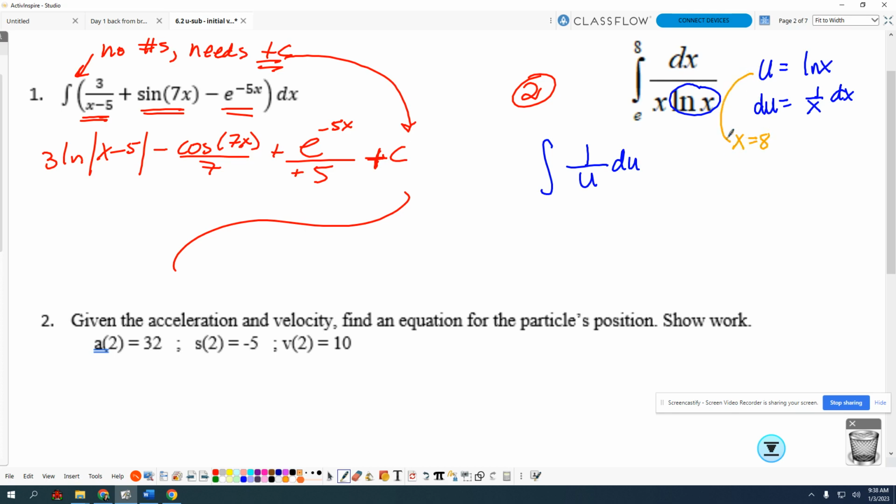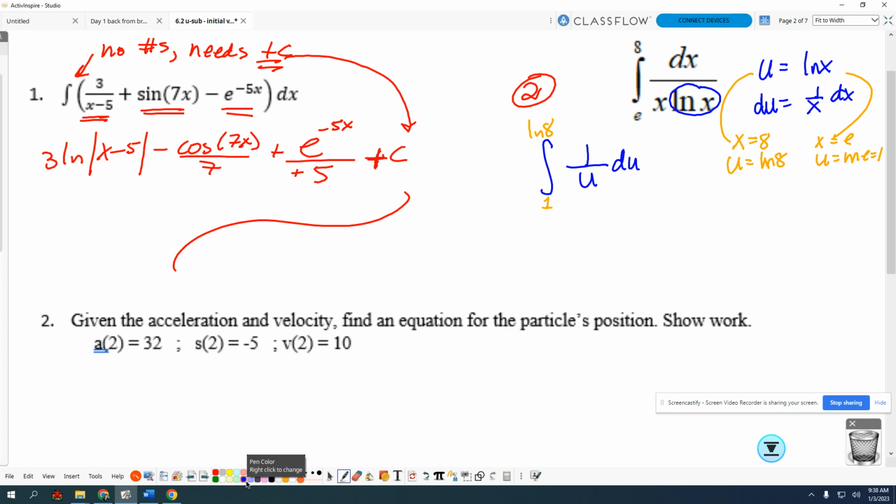So when x is 8, what does u equal? ln 8. And when x is e? Just 1. e to what power is e to the first? 1. Okay, good. Lucas, what now?